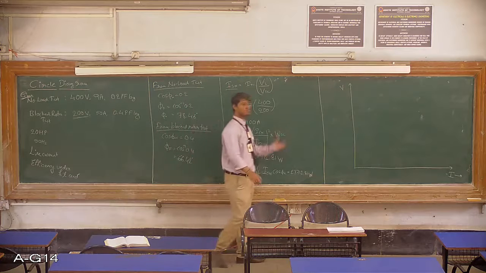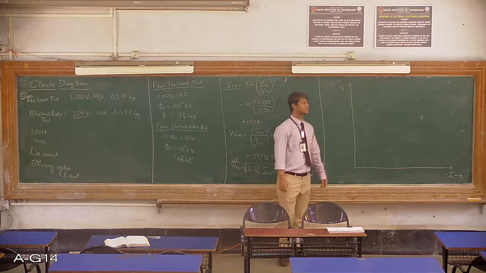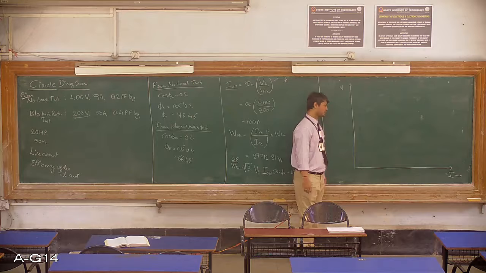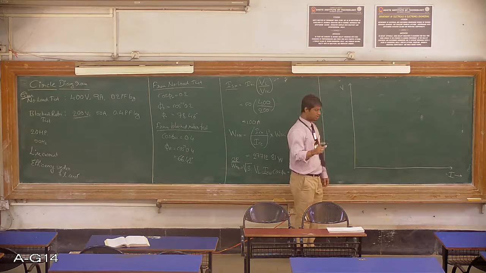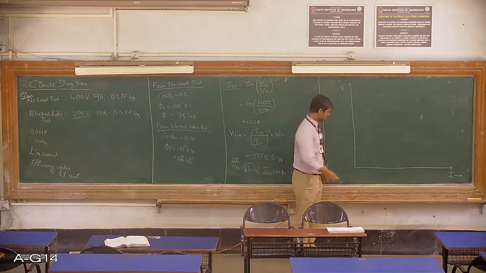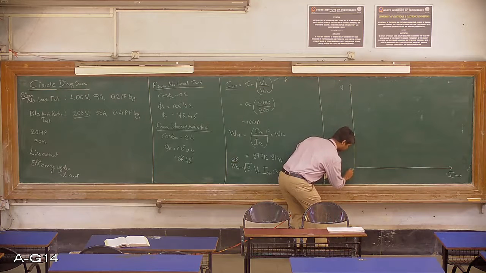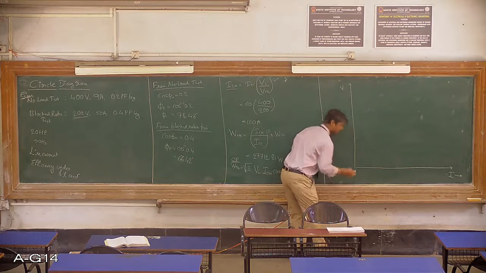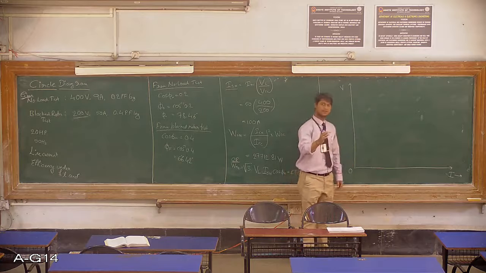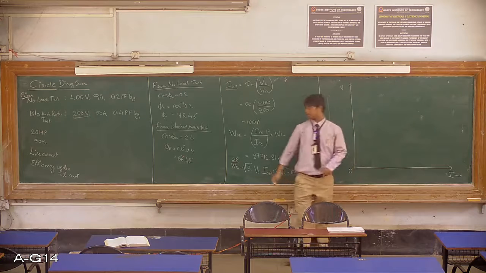So the first point here to draw on the graph page is to draw the I0, from the point O, at an angle of phi naught from the voltage axis.